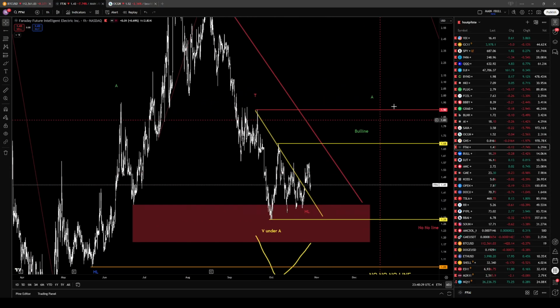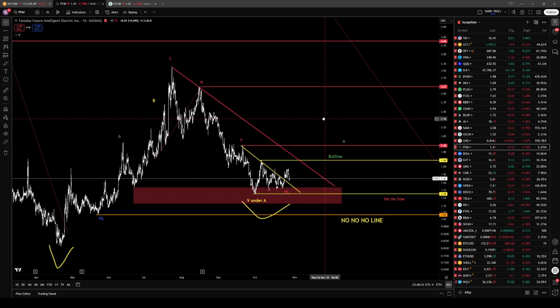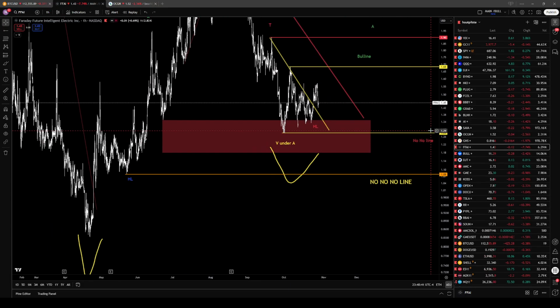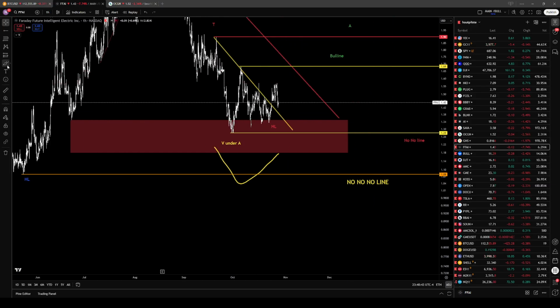For the bullish version, you break upside, you break 1.69 and you go. For the bearish bullish alternative, you just make a breakout retest 1.38 and then you bounce and go.